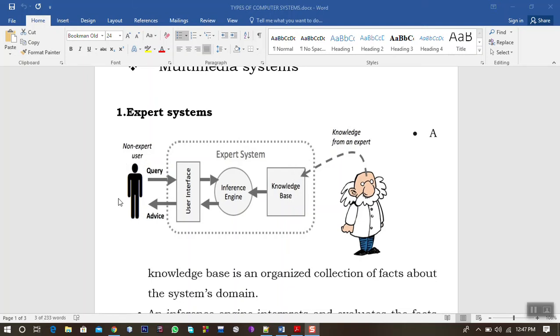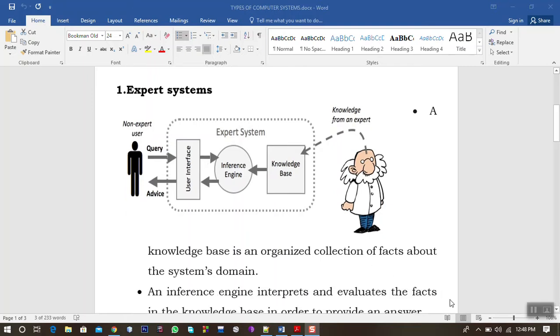Then a person here who is not an expert, but has a problem which is in the field of this expert, is only going to consult the system and receive the feedback from the system. And this is what we call an expert system.